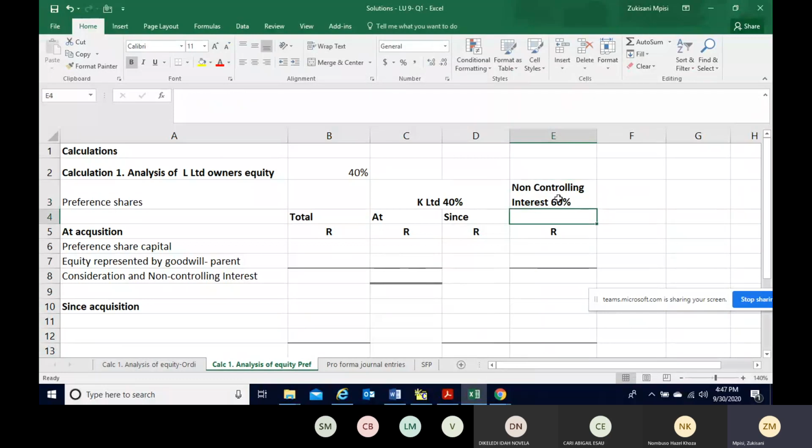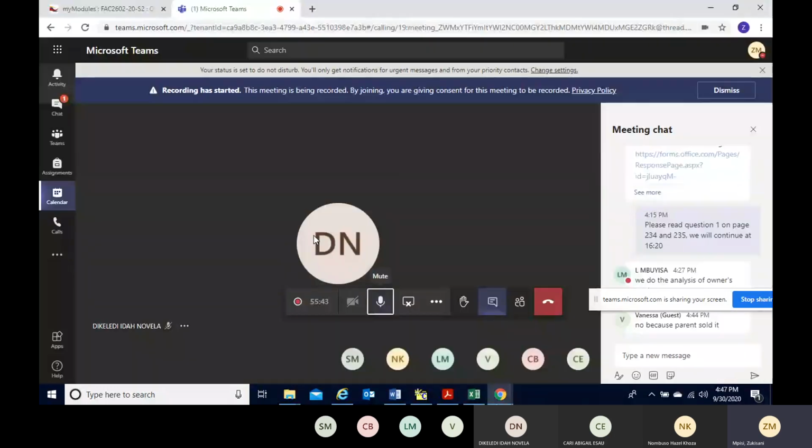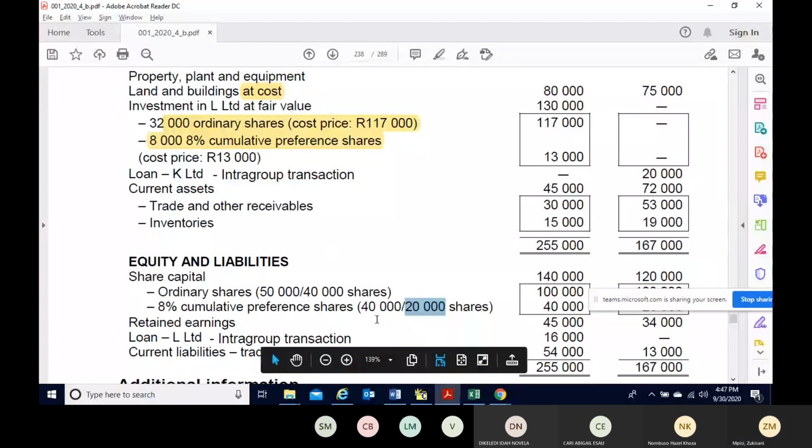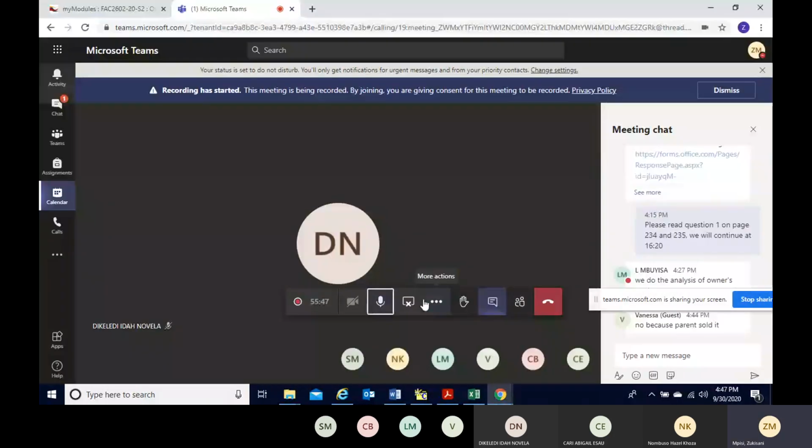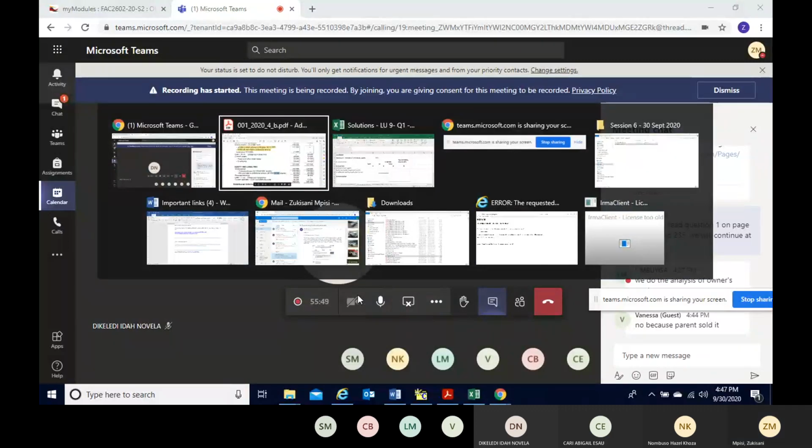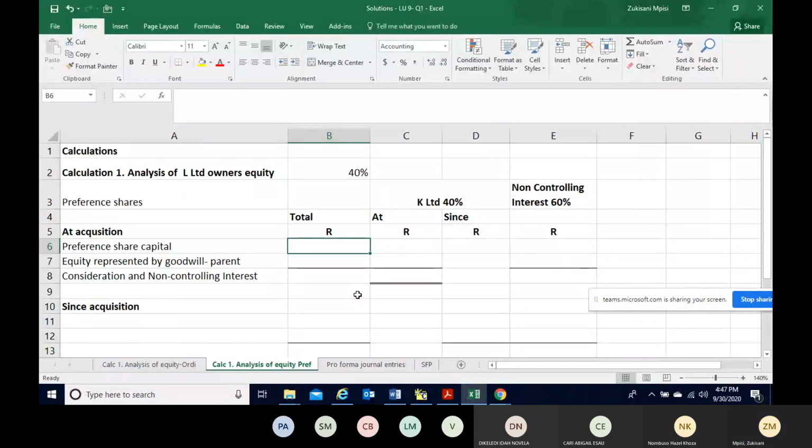This is just for the preference share capital. So how much is the preference share capital? It is 20,000. And we can already make up at acquisition, multiply by 40%, non-controlling interest multiplied by 60%.